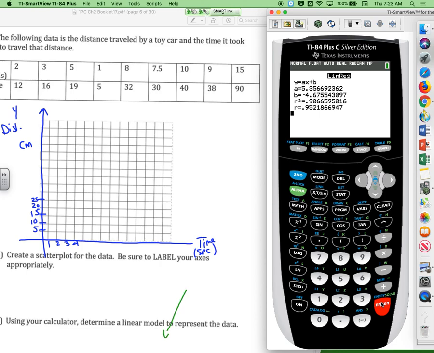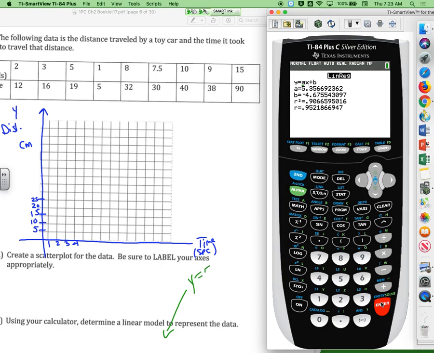So this is our answer for down here. Y equals, they use A for the coefficient, 5.357. We're going to round to 3 decimal places. And then my B value is -4.676 if we round to 3 decimal places. They also give us this r squared value right here.